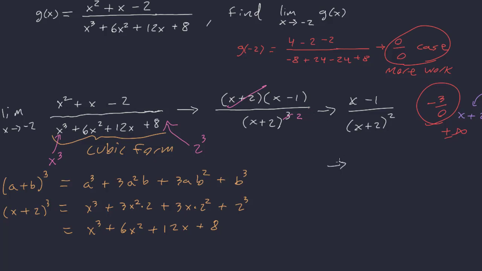Well, the top, if we put in the negative 2, and in the bottom, if we put in the negative 2, the top is always going to be negative 3, but the bottom, since we're squaring it, whether this is 0 plus or minus, we're squaring it. So this will always be positive.